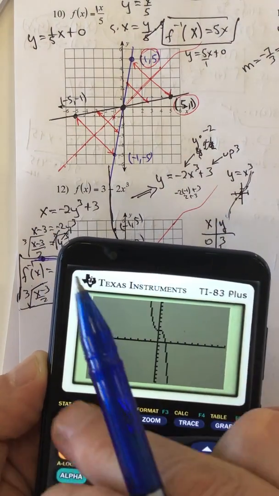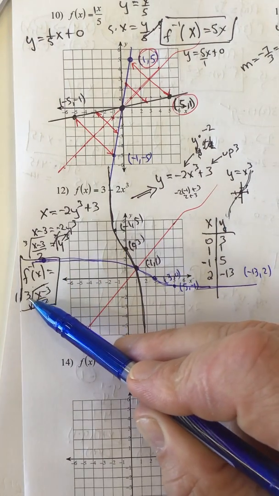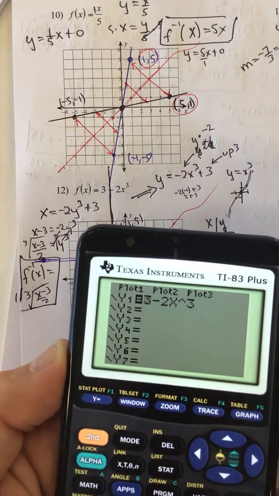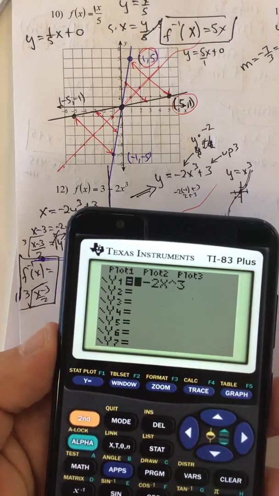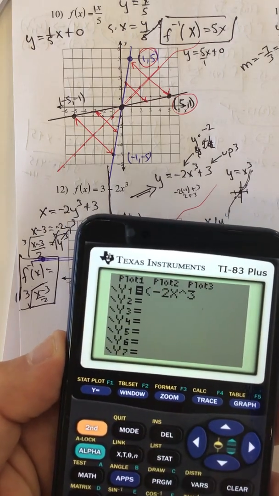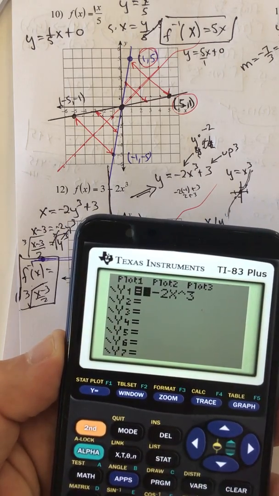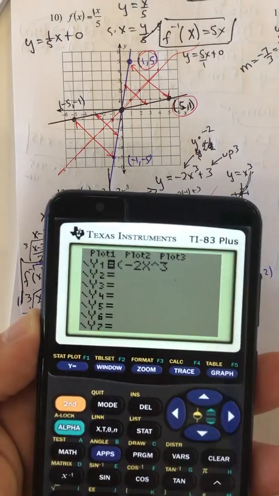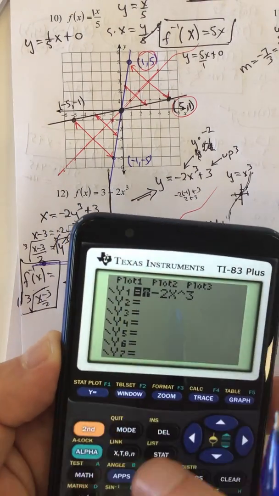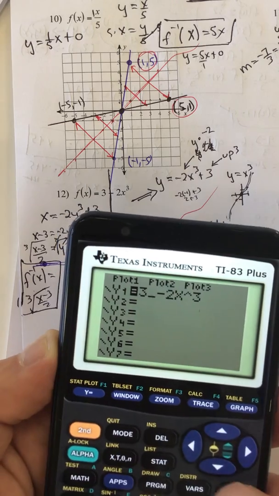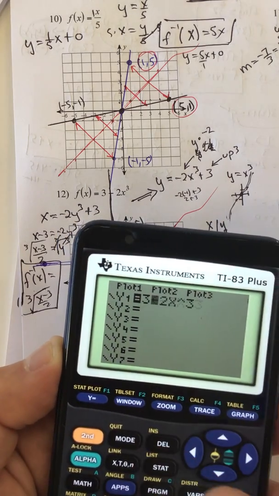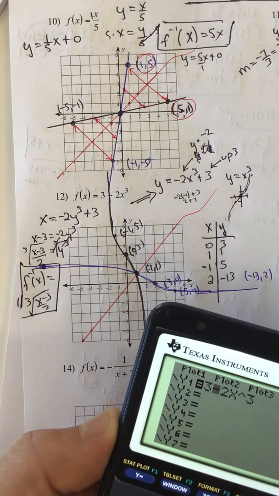Okay, now I'm going to put in the inverse. The inverse is right here, the third root of x minus 3 over 2. So I'm going to put it in like this. Oops, not there. Let me put that thing back in how it was. What was it? 3 minus 2.